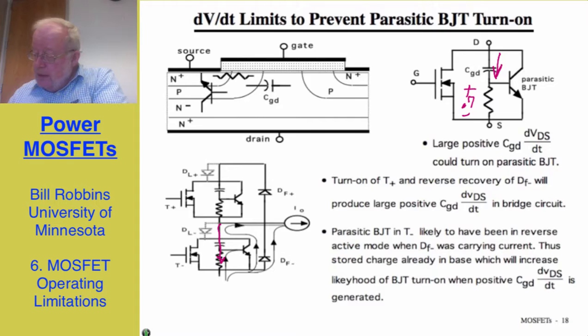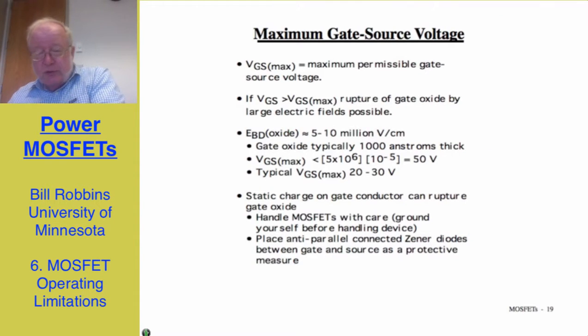Going on, there is a maximum gate to source voltage that one can apply, and the manufacturer specifies it usually as V gate to source maximum or some other easy to interpret symbol for the maximum gate to source voltage. If you exceed that voltage, you have the possibility of rupturing the gate oxide because of large electric fields across the oxide. SiO2 typically will begin to rupture between 5 and 10 million volts per centimeter across the oxide.